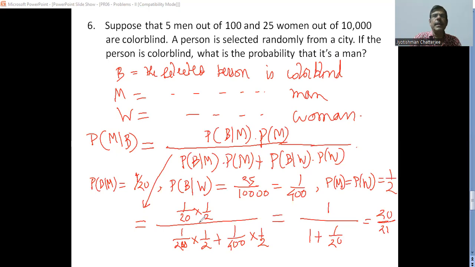What's the chance of the selected person being a woman? That is 1 minus 20 by 21, that is 1 by 21. So the chances are in the ratio, or odds, of 1:20.